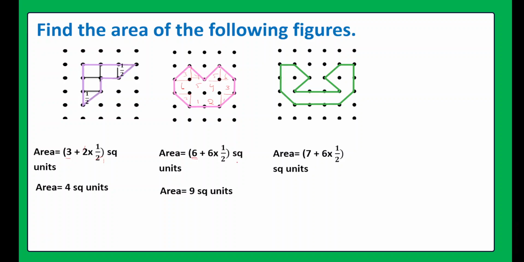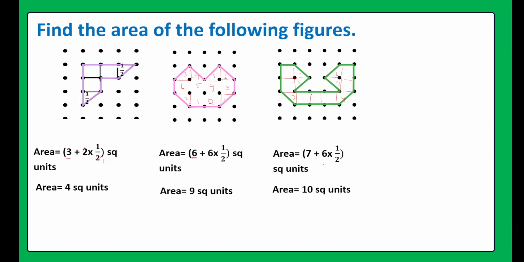Next one, area is equal to 7 full units: 1, 2, 3, 4, 5, 6, 7. Then there are 6 half units: 1, 2, 3, 4, 5, 6. 6 half units.